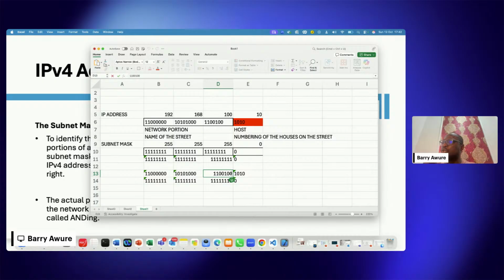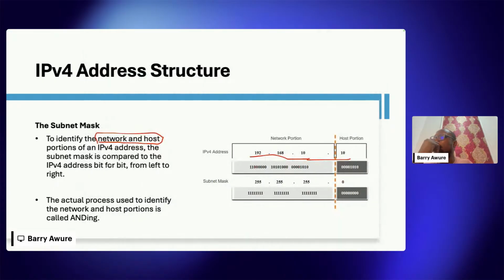So that is subnet mask, right? And with a subnet mask, you are able to identify where the network portion of your IP resides as against the host portion.